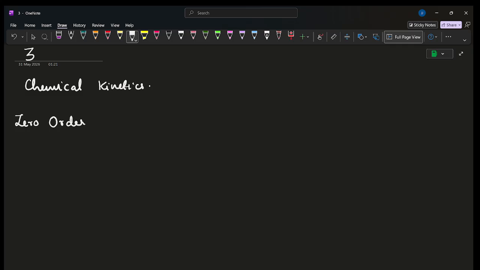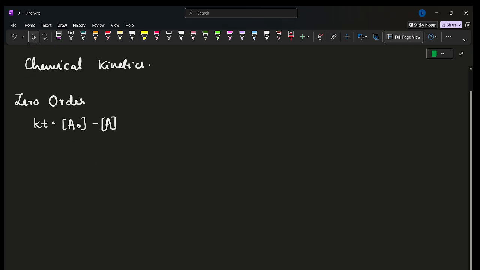Let me put down a few formulas that we might have to know, which is kt is equal to a naught minus a. So this is basically the initial concentration and the concentration of A. Okay, so this is one of the formulas.